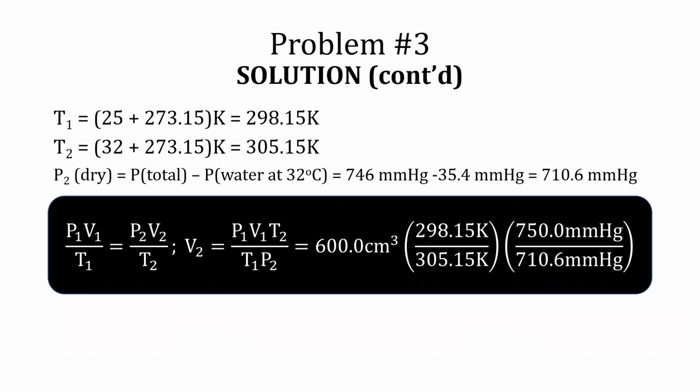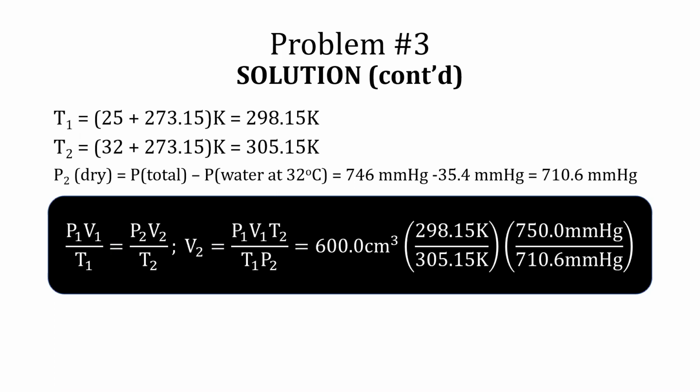T1 is 298.15 Kelvin units, T2 is 305.15 Kelvin units, and P2 dry is, after taking 746 mmHg and subtracting 35.4 mmHg, the vapor pressure of water, the pressure of the dry gas is 710.6 mmHg.